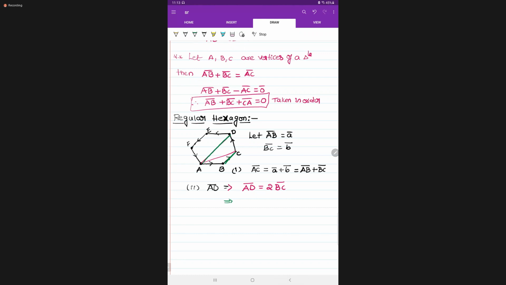What is the answer for this? AD bar is equal to, what is BC? What have I taken BC bar as? CD bar is equal to 2 times of BA bar.